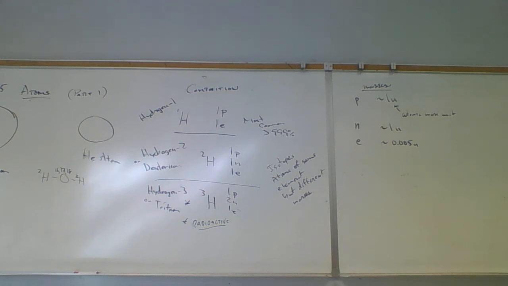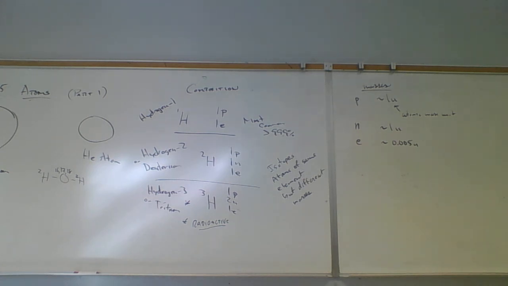So oxygen 17 has 8 protons, 9 neutrons, and 8 electrons. Oxygen 18 has 8 protons, 10 neutrons, and 8 electrons. And so the only difference is, oxygen 18 weighs a little bit more than oxygen 16. When you breathe in oxygen, can you tell the difference?